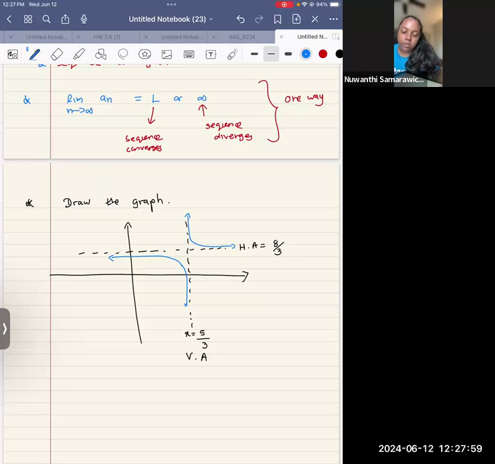Now imagine, visualize. If a sequence converges, because we showed that this sequence converges, then you will get a horizontal asymptote.